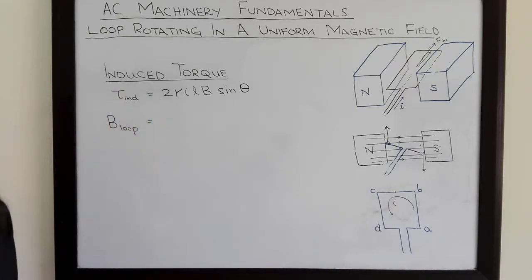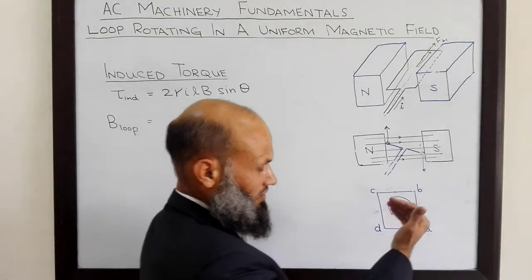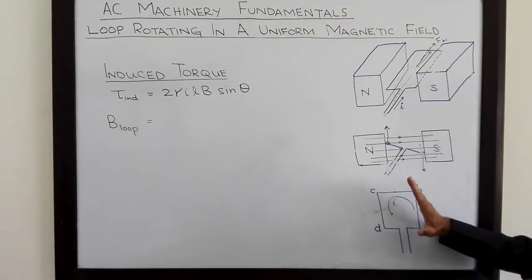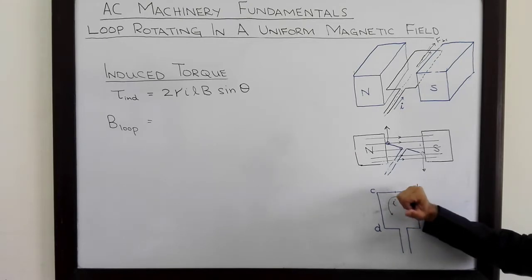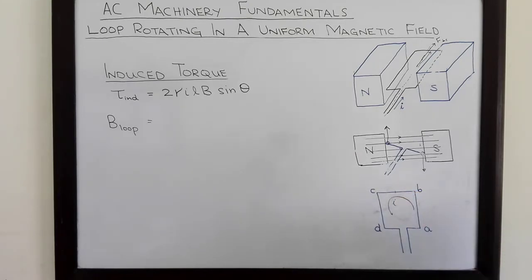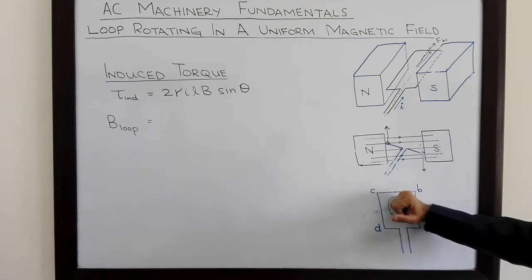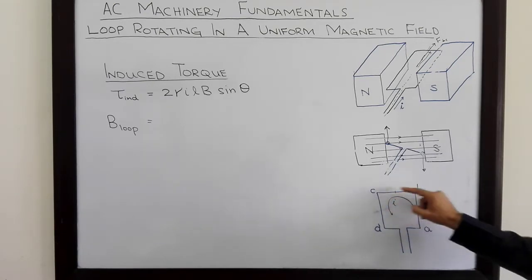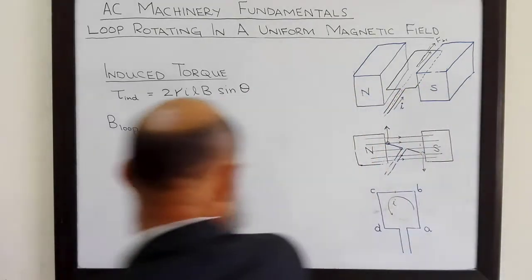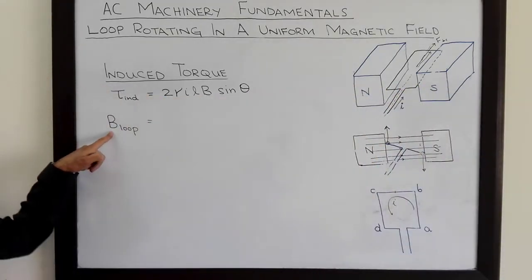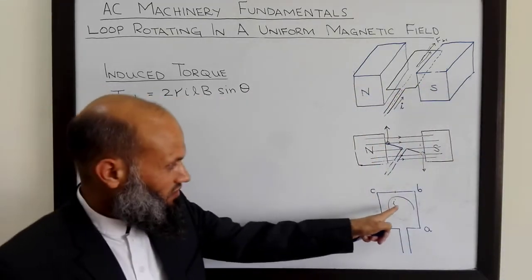What is the direction of that magnetic field can be determined by this right hand rule. That is, if we curl the fingers in the direction of current, thumb will indicate the direction of this magnetic field, flux density. So that is perpendicular to the surface of this coil. And this flux density depends upon current.